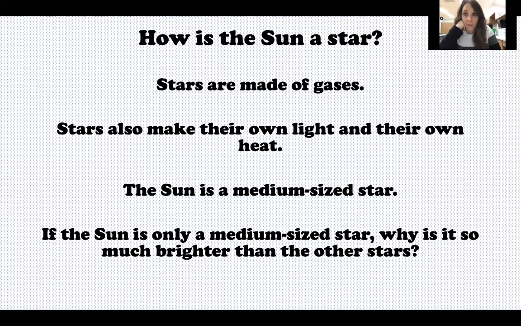They look very, very small, but the sun looks much bigger, and the sun is bright enough to light up our whole Earth during the day. So if the sun is only a medium-sized star, why is it so much brighter than the other stars? I'll give you a second to think about that. See if you can think of why. If it's not the biggest, why is it the brightest?